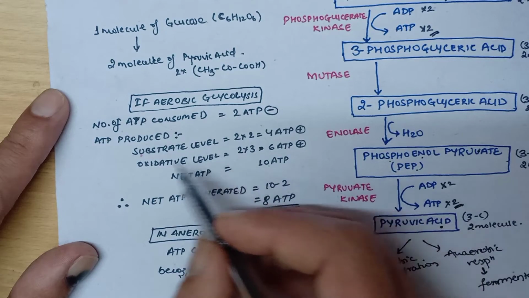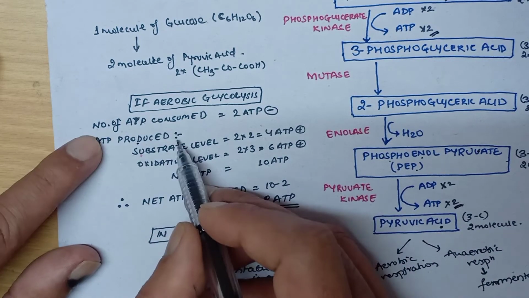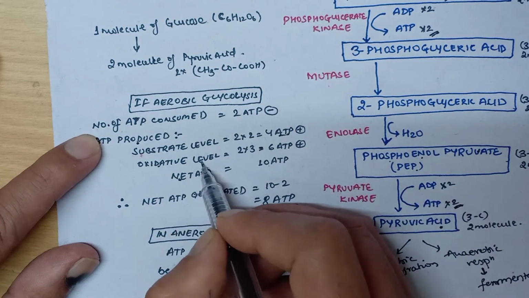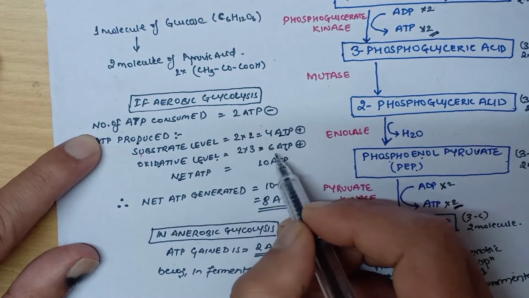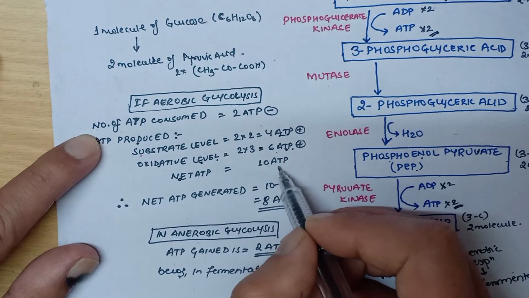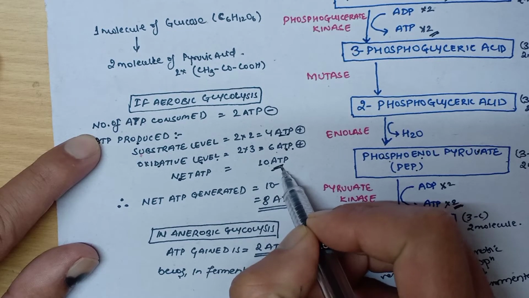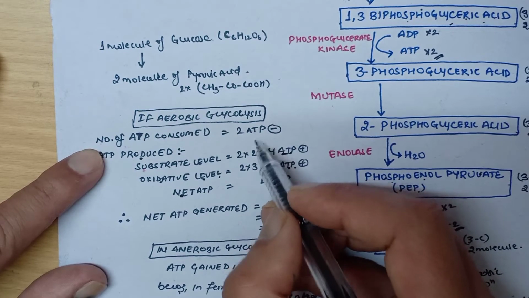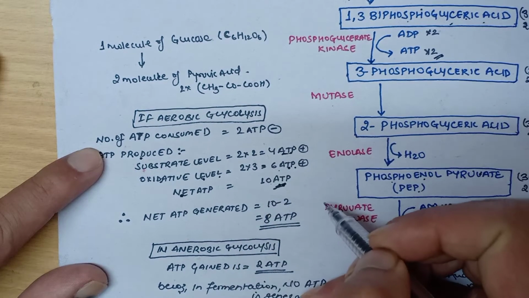So the total number of ATP produced by substrate level is 4 ATP, and by oxidative level is 6 ATP. So we get a total of 10 ATPs. And out of 10 ATP, 2 ATP were consumed during this process.